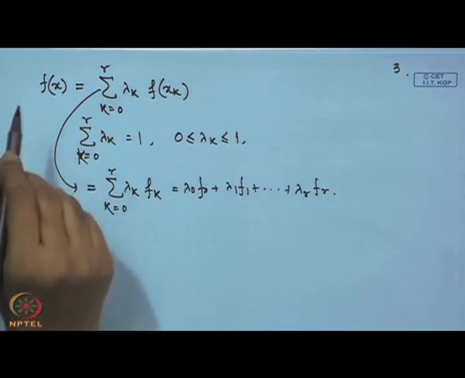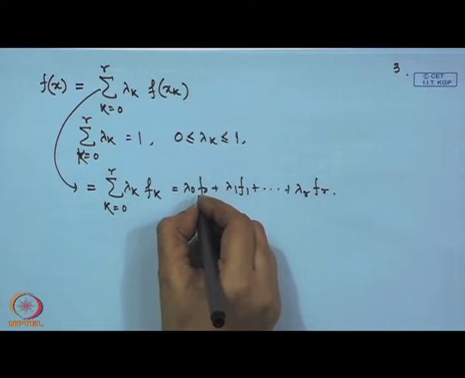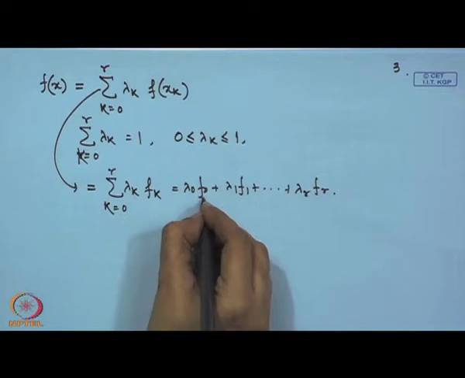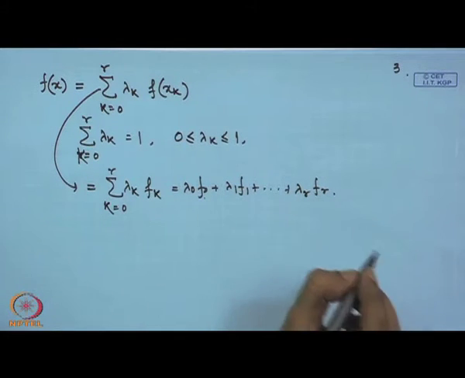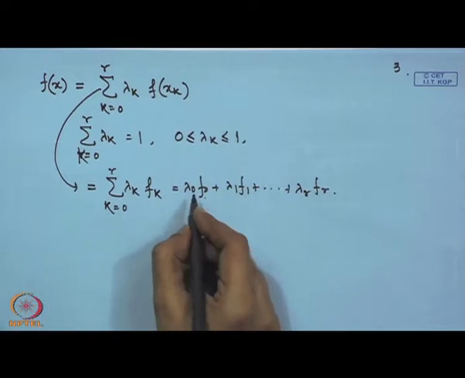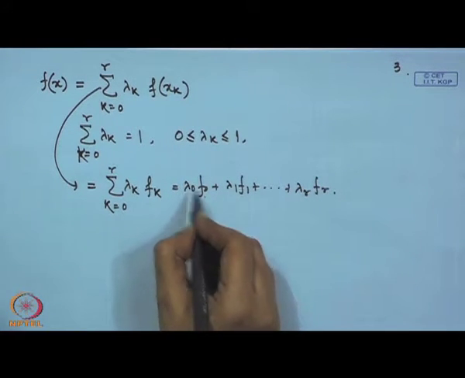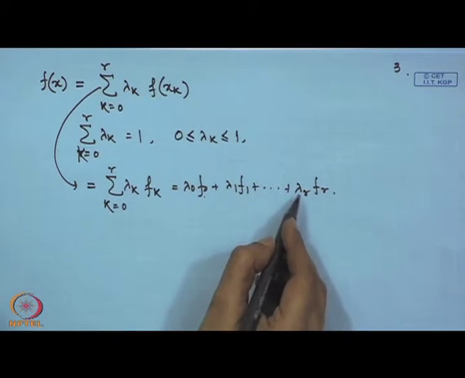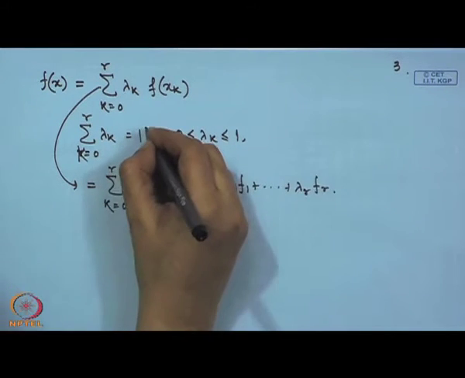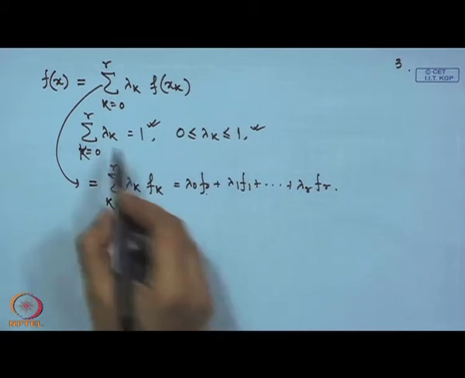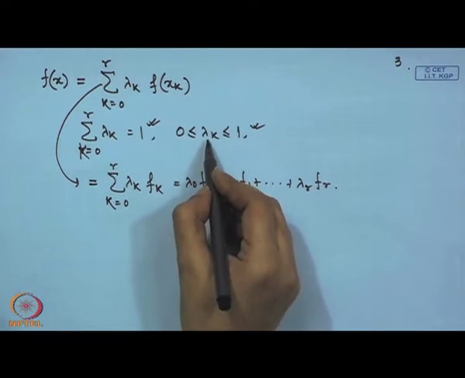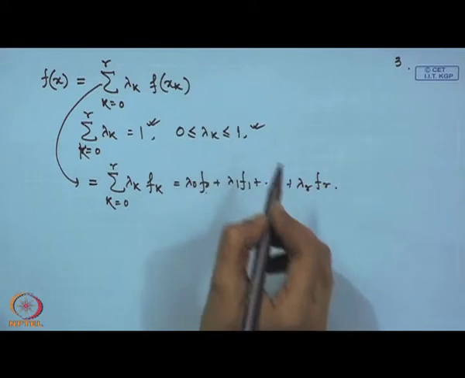Just see what we have done. We have again considered the functional values at the grid points x_0, x_1 up to x_r, r plus 1 number of grid points. We have introduced r plus 1 number of variables lambda_0, lambda_1 to lambda_r in such a way that these two conditions hold together: the summation of lambda_k is equal to 1 and the individual lambda_k's are in between 0 and 1.